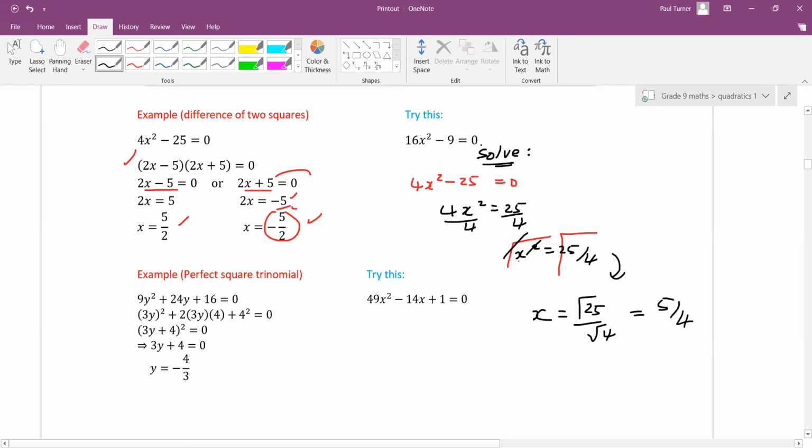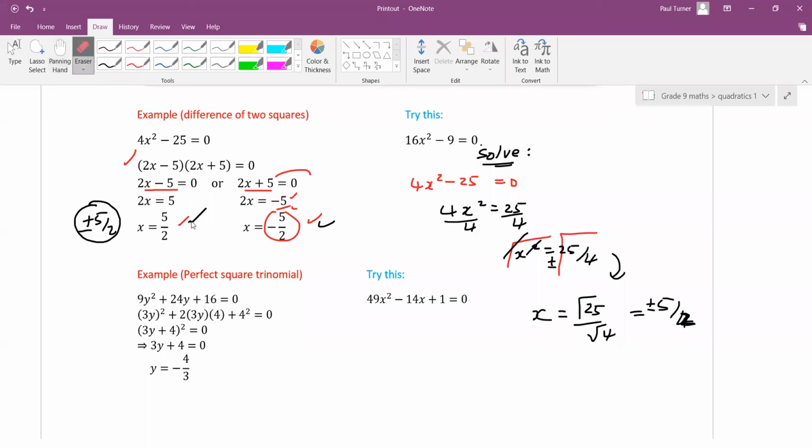But this actually has 2 answers because of the way you take the square root. So that you actually get the same as this here, don't you? This is plus or minus 5 on 2, which is the same as this here. So don't worry about this method now. We'll go over this again later.